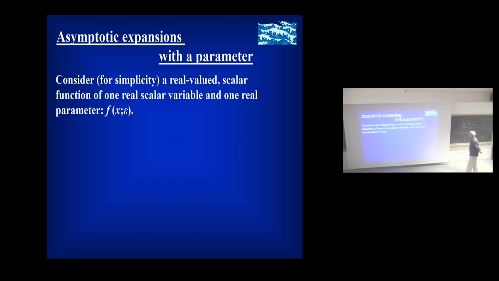There are many general choices I could make. This is meant to be absolutely and no more than a very, very simple-minded introduction in the hope that I can just get over the basic thinking behind what we're doing. So I'm going to stick to real-valued functions, scalar functions. We'll have just one variable, a scalar variable, and a single parameter.